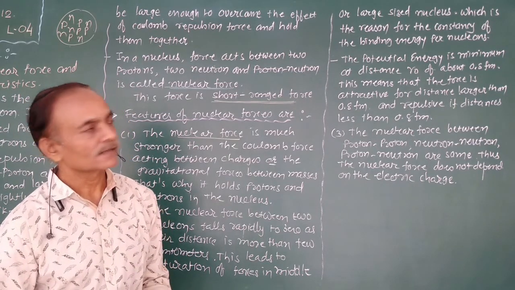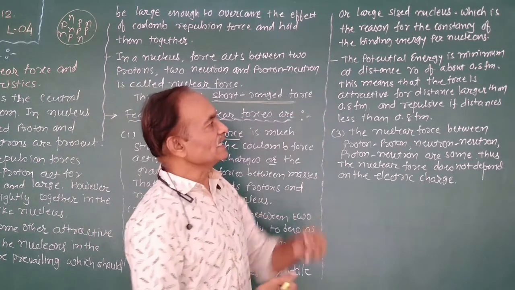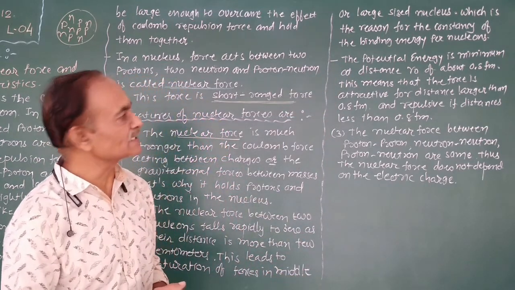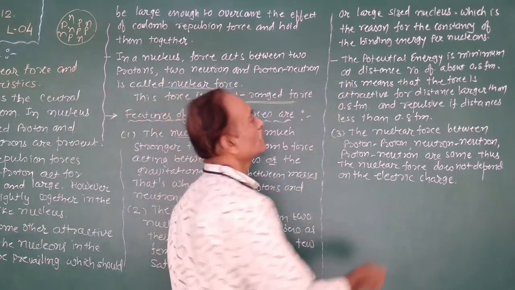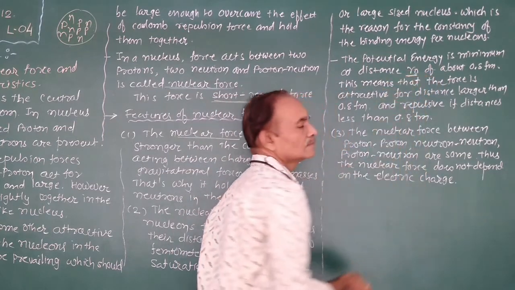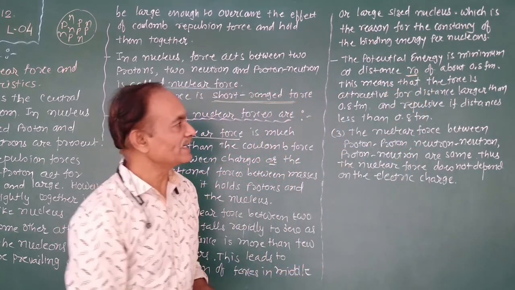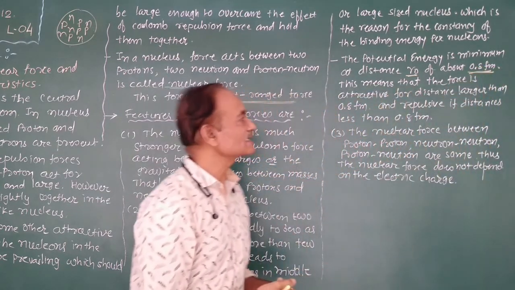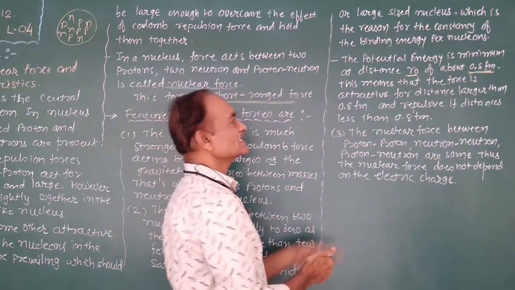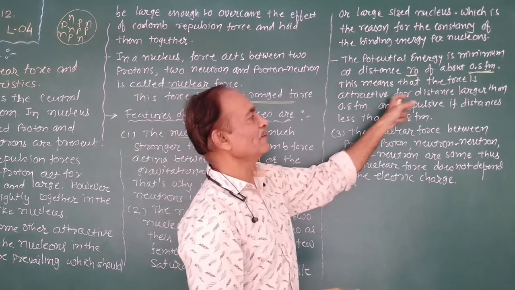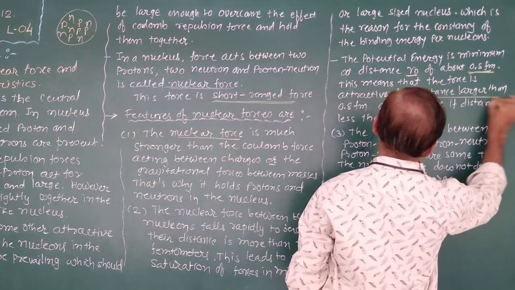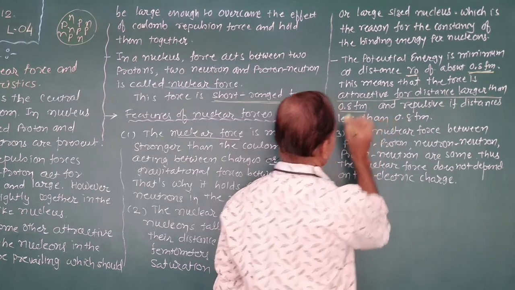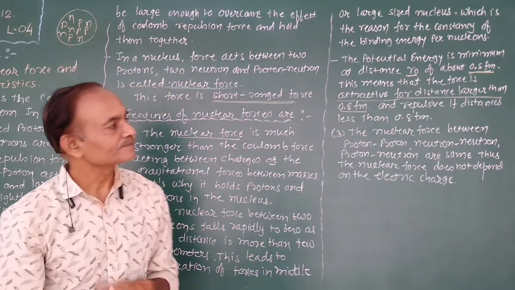Clear? It means the potential energy is minimum at distance R0, which is about 0.8 FM, that is, femtometer. This means that the force is effective for distances larger than 0.8 FM.